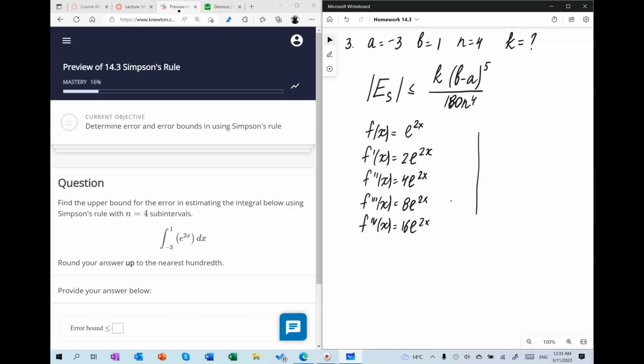And what's worth noticing here is that the fourth derivative is an increasing exponential function, so it achieves its minimum on the left at -3 and its maximum on the right at 1. So it totally makes sense to set k to be equal to the fourth derivative evaluated at 1, which is 16e squared. And now we have all the ingredients.